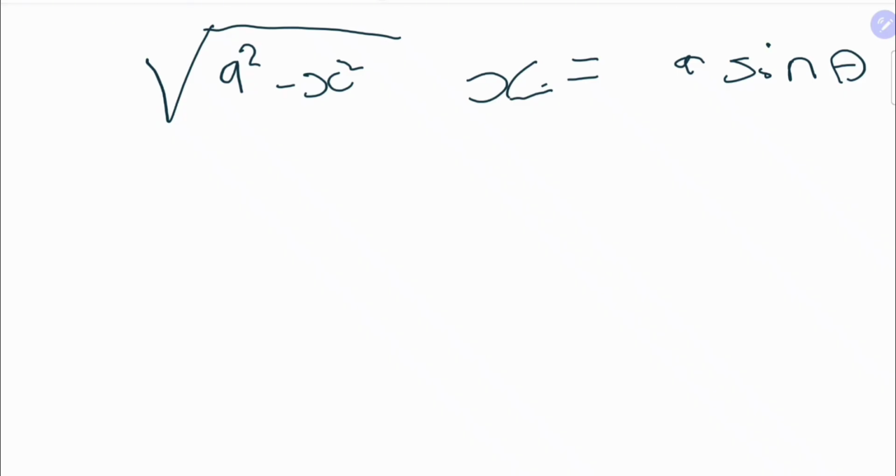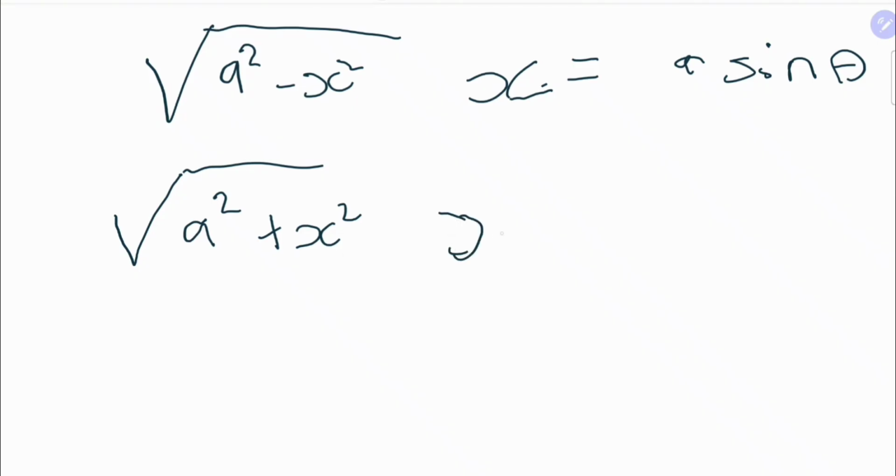Our next one is going to be the root of a squared plus x squared, and this is the same as x squared plus a squared. For this, x is going to be equal to a tan theta.